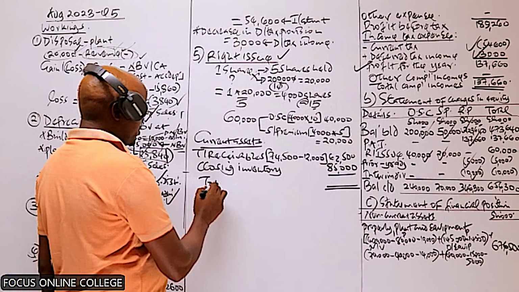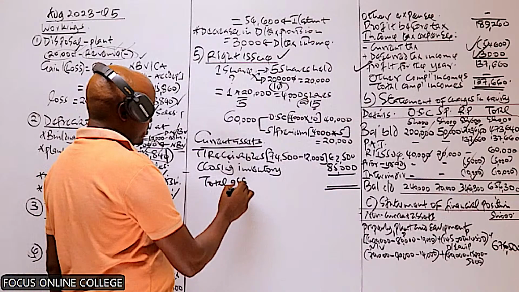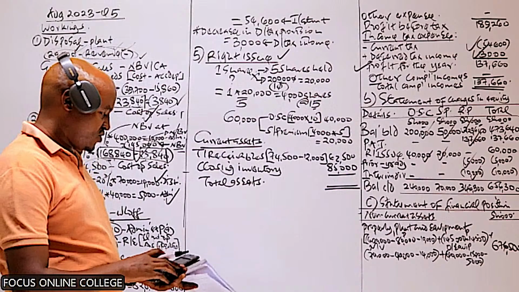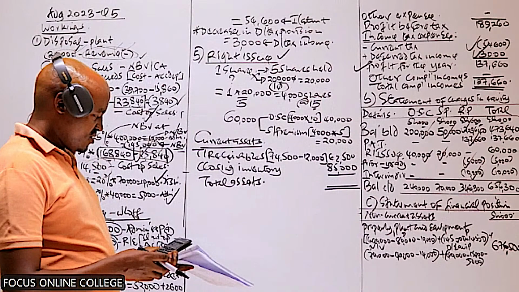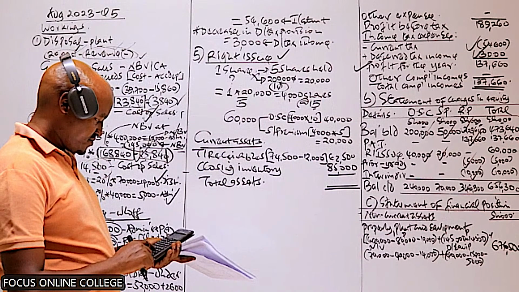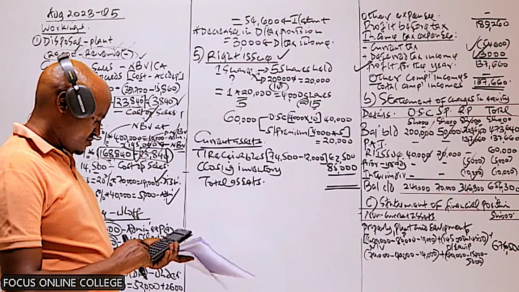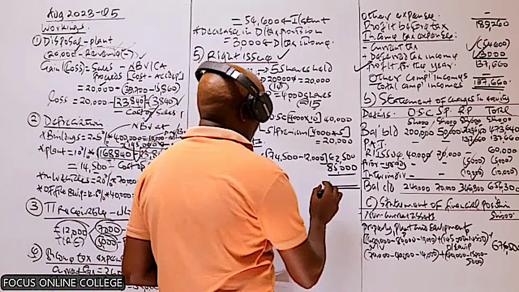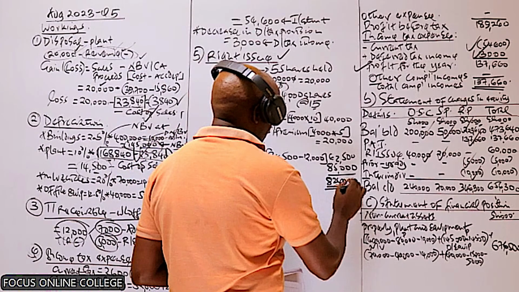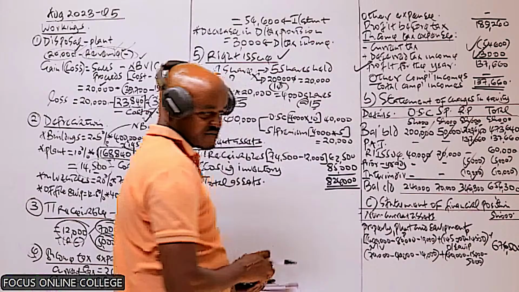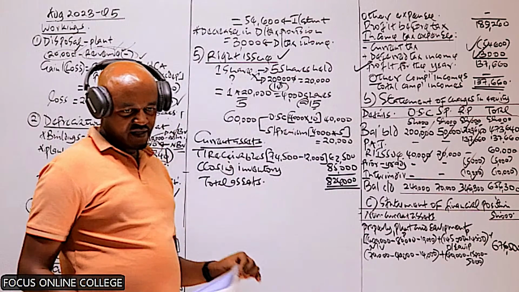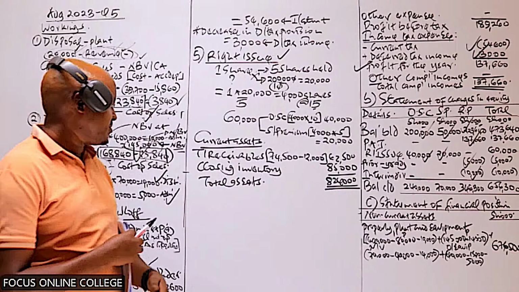So we get the total assets. We add whatever you have here to the current assets. In this case, I'm getting a figure of 824,000. Confirm whether that is what you're getting. Yes, that is confirmed by Helen.